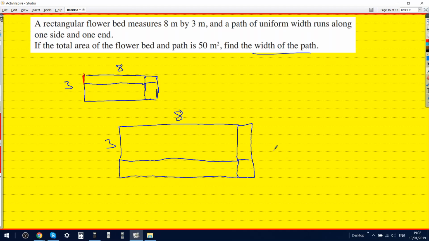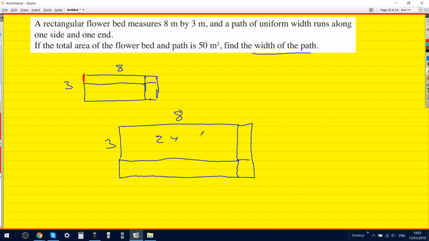Okay, so we have to find the width of the path. We know that the total area is 50, and the area of the flower bed is 24 because 3 times 8 is 24.